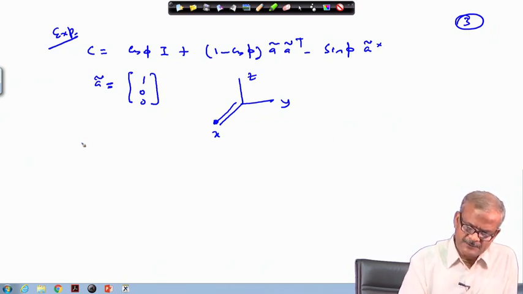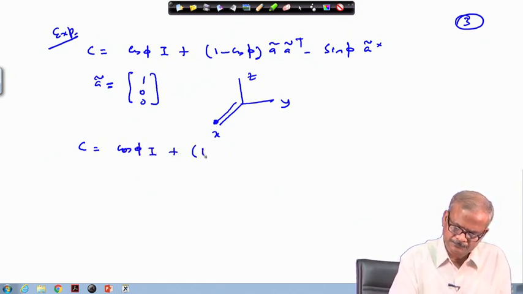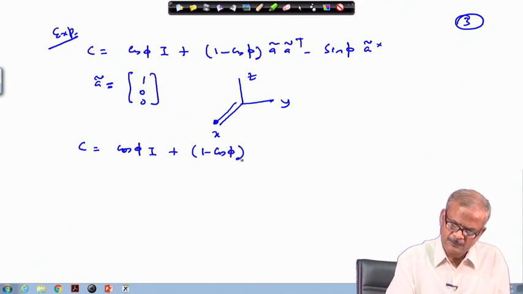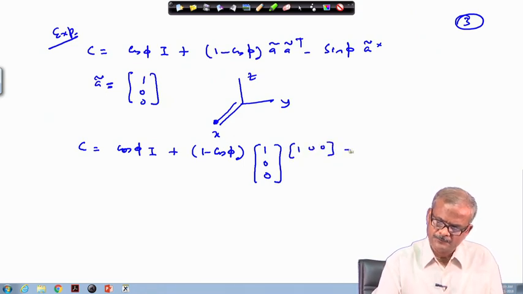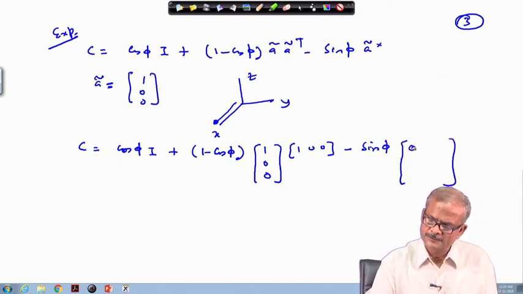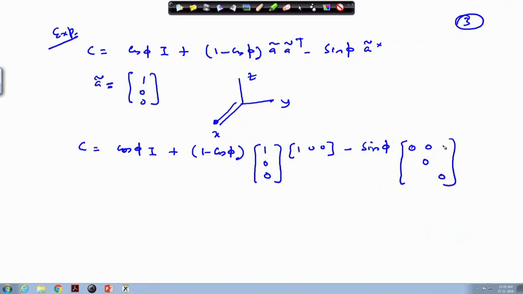Now, if we insert into this, so this becomes cos phi I plus 1 0 0 A cross. So, in A cross the diagonal elements will be 0, and here minus A 3 which is 0, A 2 which is also 0, and A 1 with minus sign here.